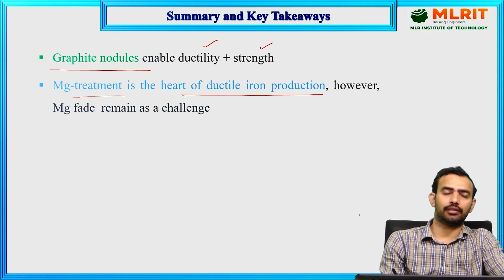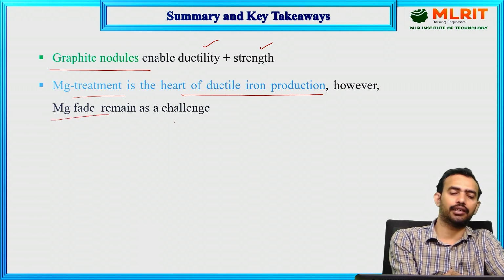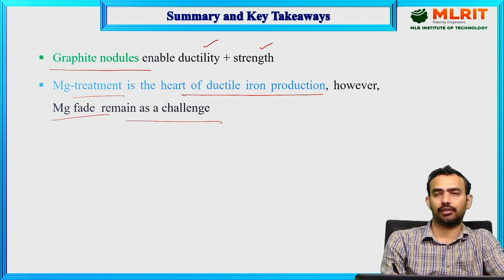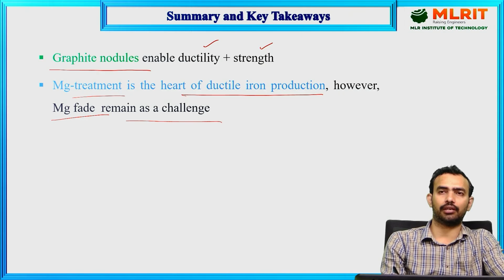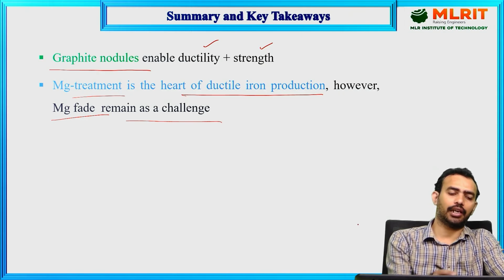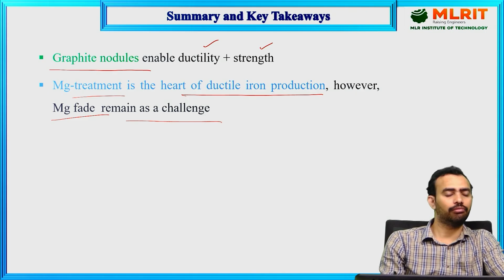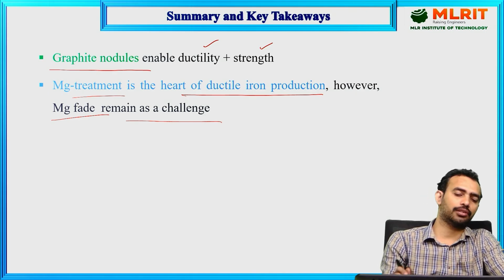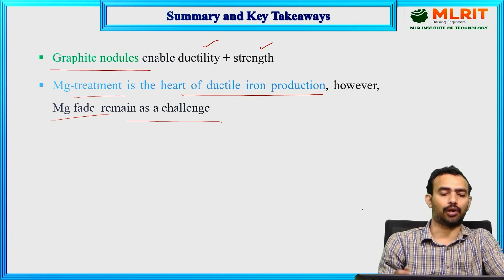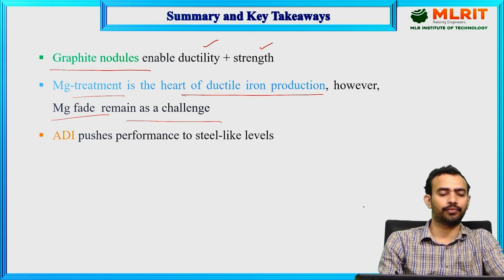However, this magnesium can fade under high temperatures. That remains a challenge, so its overall expense is also a little higher. It is one of the limitations we have discussed.